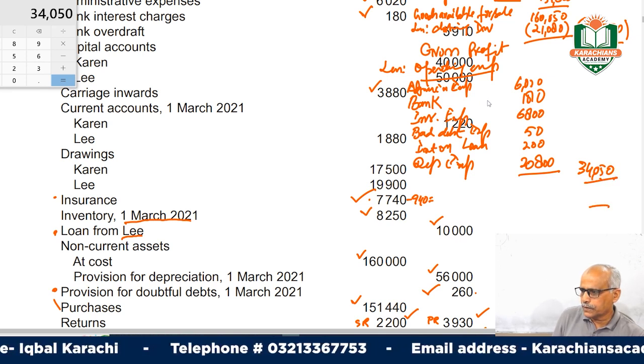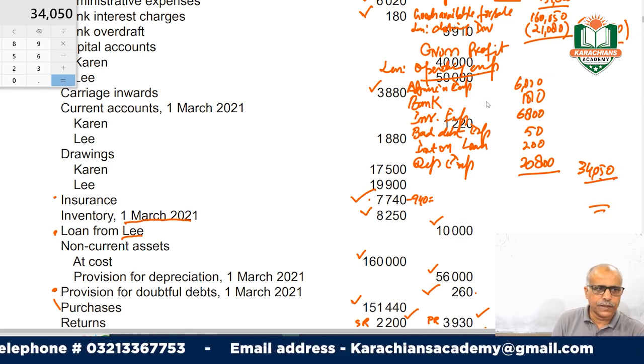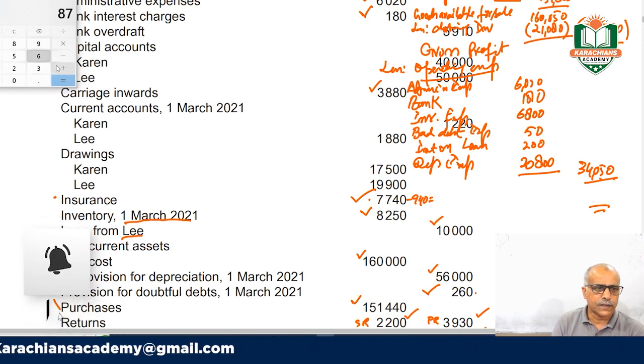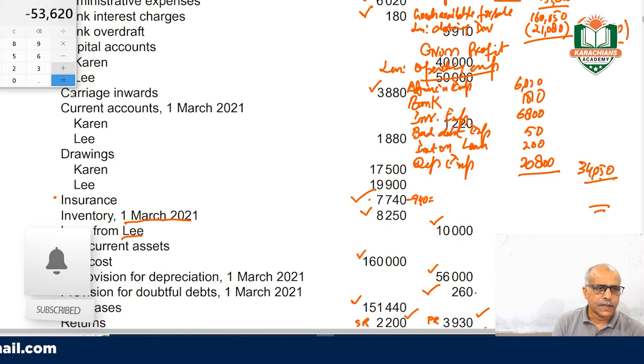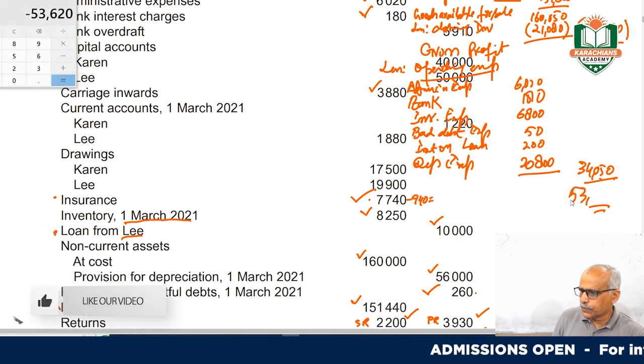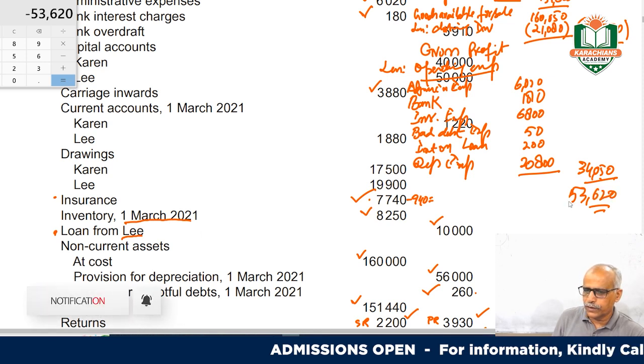These are your expenses. If you deduct 34,050 from 87,670, which is your gross profit, your net profit would come to 53,620.